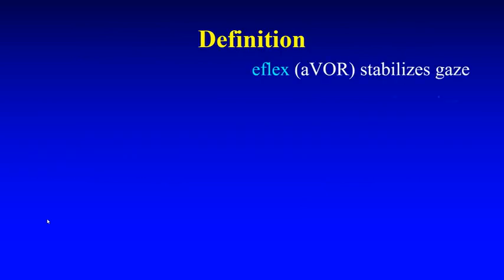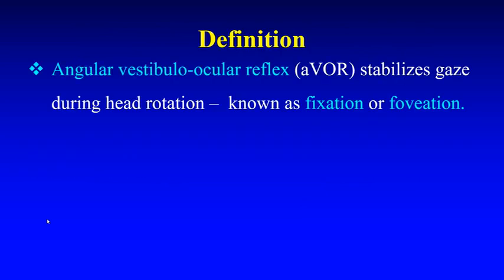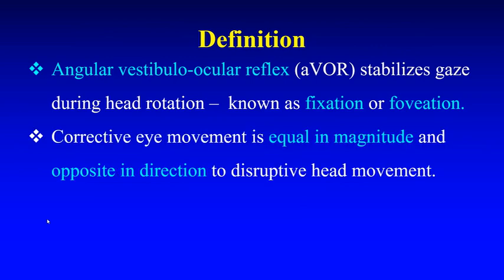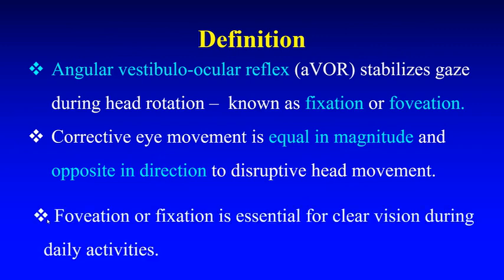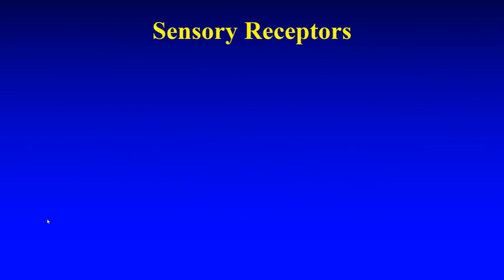So what is the definition? The angular vestibulo-ocular reflex stabilizes the gaze during head rotation, a process known as fixation or foveation. Corrective eye movement is equal in magnitude but opposite in direction to the disruptive eye movement. Foveation or fixation is essential for clear vision during daily activities.